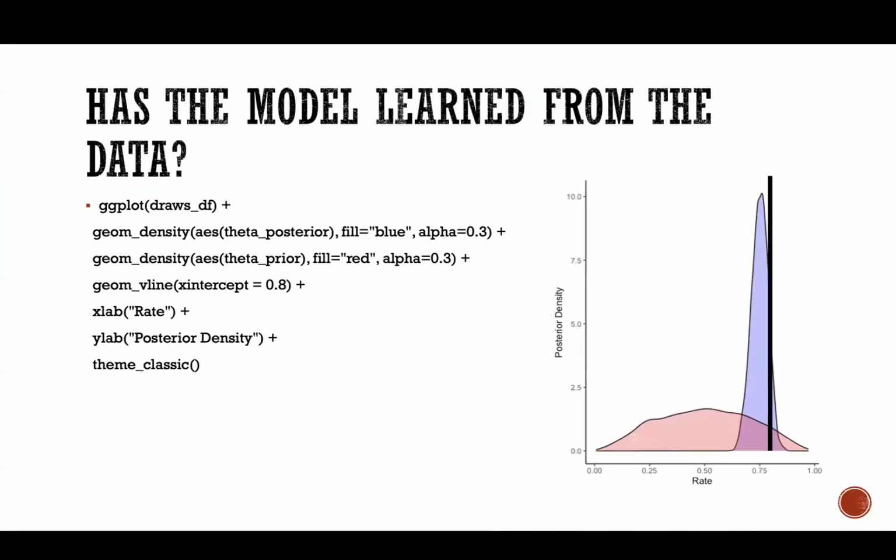So I really, really like prior posterior update checks, which are nothing but taking the prior, plotting it, taking the posterior, plotting it. Here we even have a true value because it's from a simulation. Plot that as well. And then we observe whether the posterior is within the region of parameter values that's defined by the prior.